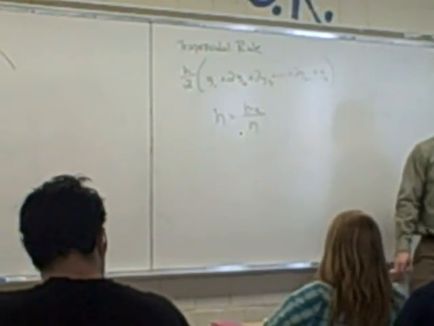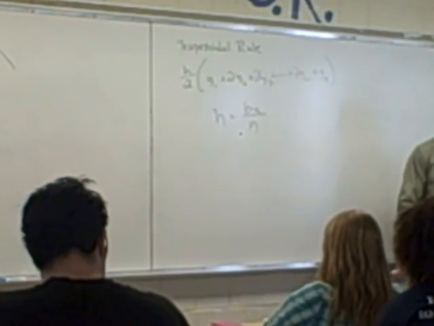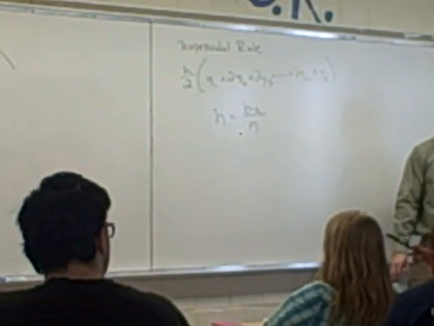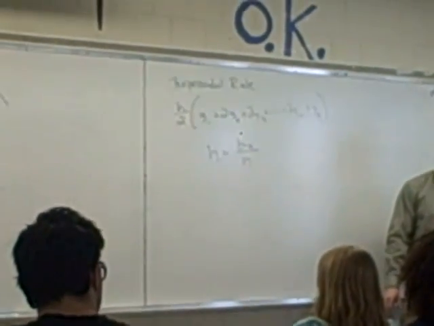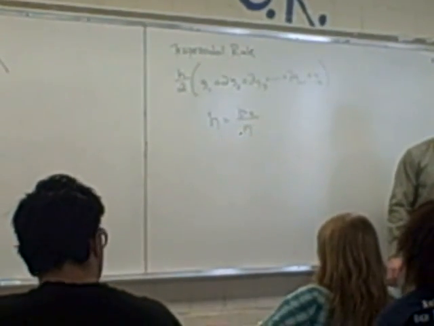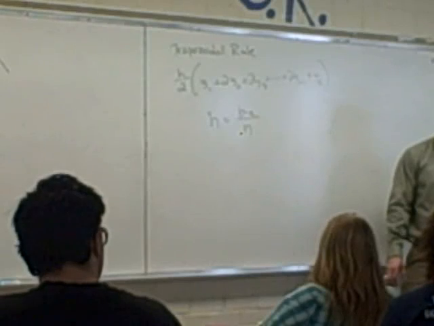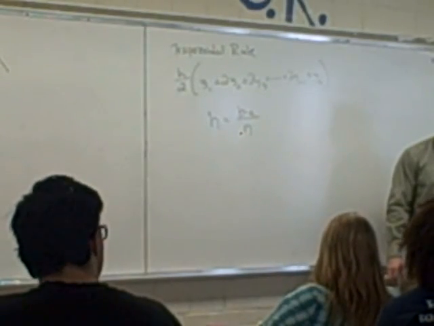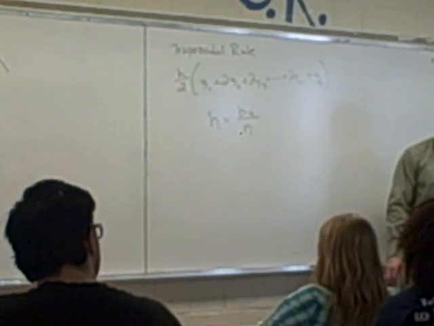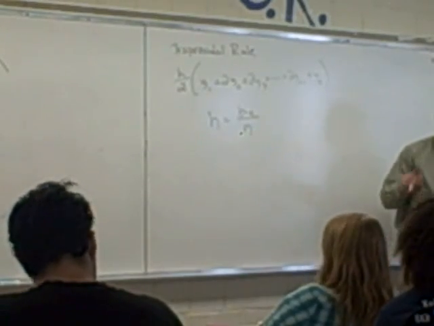Yes? I'm not trying to be really technical, but it kind of looks like a rectangle. Is there ever going to be rectangles with the trapezoidal rule? Say if you're directly in the middle, kind of like that. Would you just do length times width if you had that, or would it always just be trapezoids? It'll always be trapezoid.